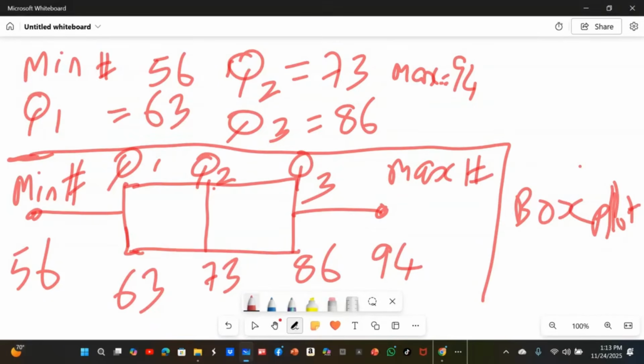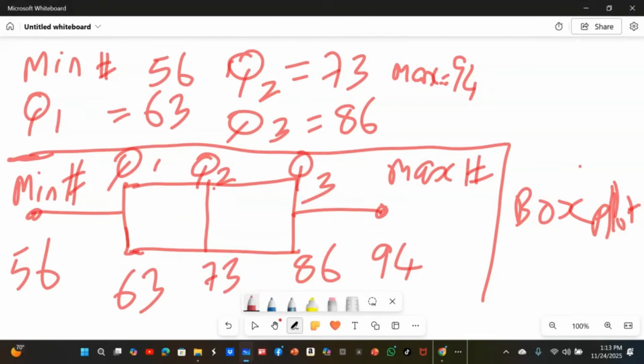And we can actually check if there is something like skewness or an outlier in that test. So if we subtract 56 from 63, we will get the distance from the first quartile to the minimum number.